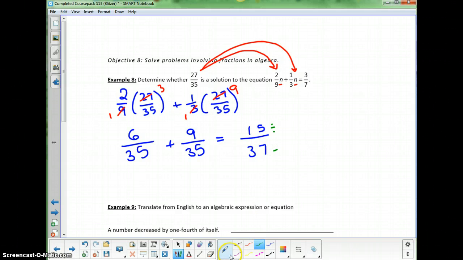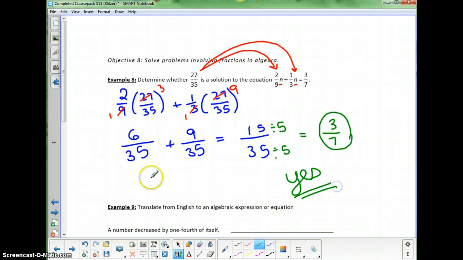I was thinking that I could divide them by 5 and then get 7. So I'm going to divide them both by 5, because that could be reduced. So when I divide by 5, I do get 3/7. I'm trying to determine whether or not it is a solution, so the answer is yes, it's a solution.